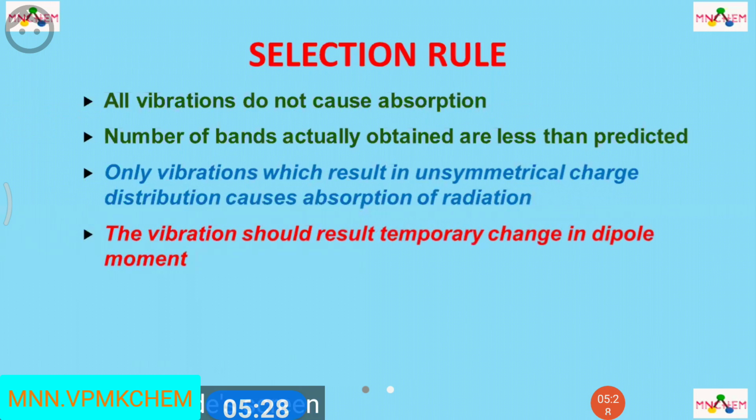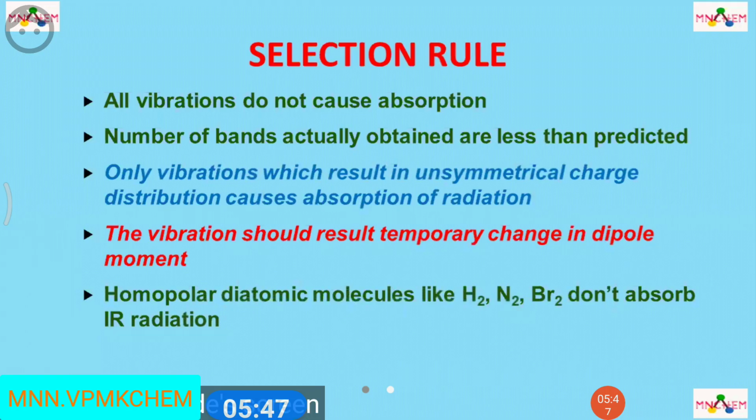In other words, we can say the vibrations should result in temporary change in dipole moment of a molecule, and then only the molecule absorbs that particular IR radiation. For example, homopolar diatomic molecules like hydrogen, nitrogen, halides do not absorb IR radiation because there is no change in the dipole moment observed.